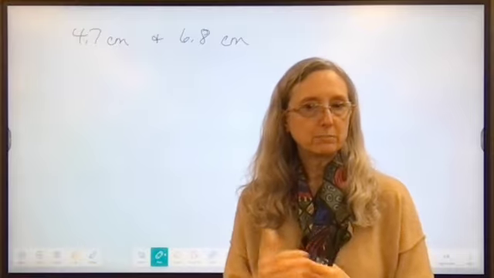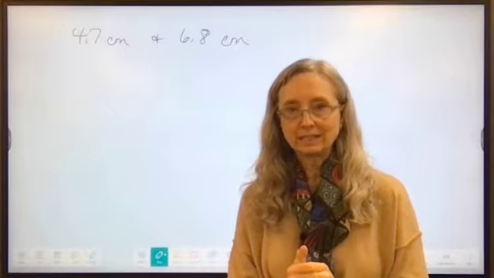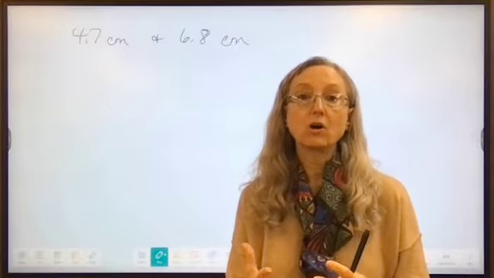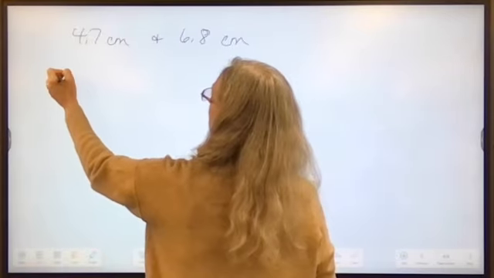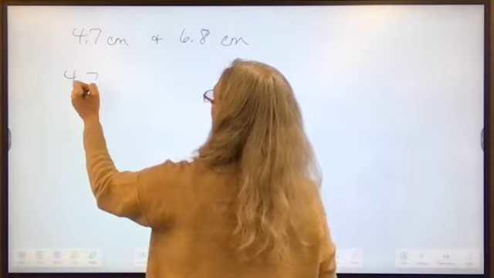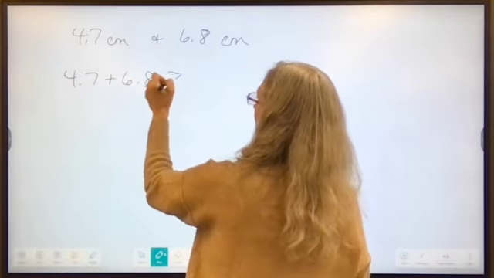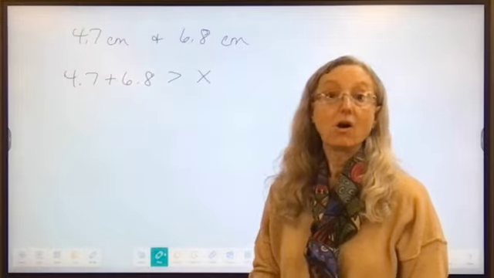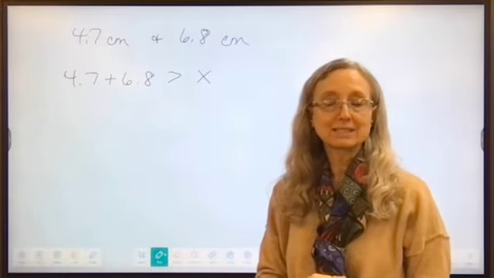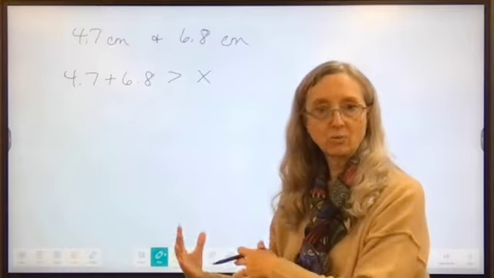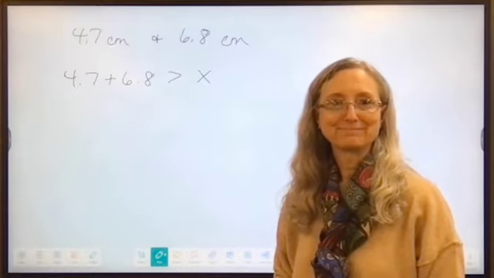You could set up equations using the triangle inequality theorem. That third side we'll call x, and we know that 4.7 plus 6.8 would have to be greater than x. Also, 4.7 plus x would have to be greater than 6.8, etc. I'll write them down. Come right back.